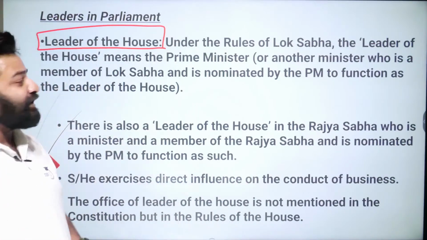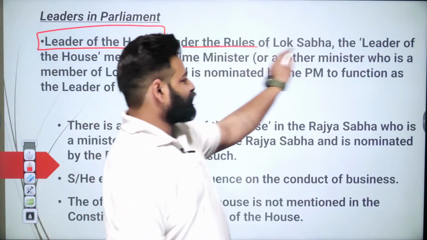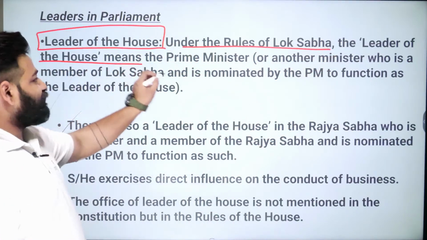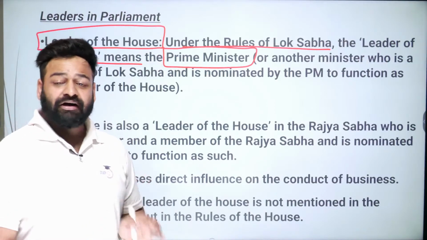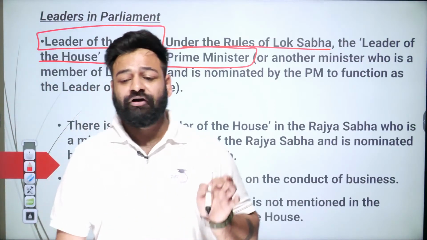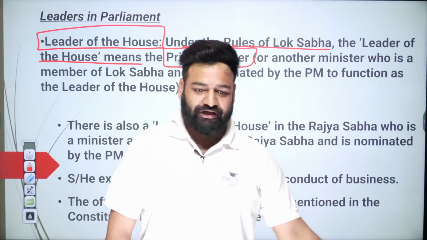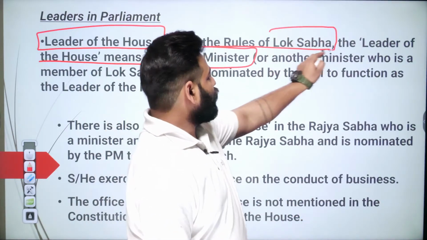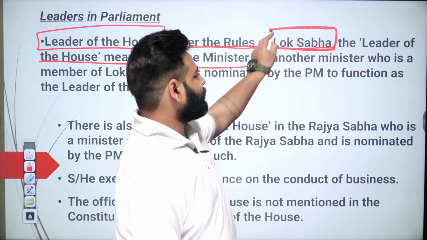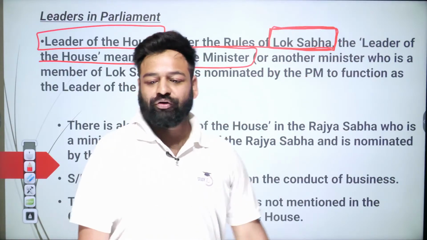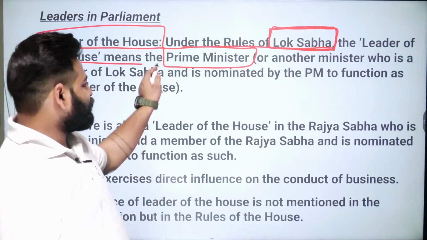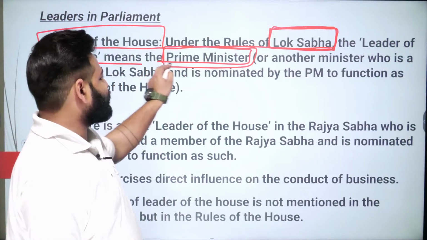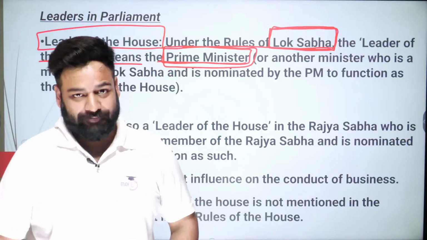Under the definition in the rules of Lok Sabha, the leader of the house means the Prime Minister. Here we are dealing with rules of Lok Sabha only, not Rajya Sabha. Leader of the house means just and just the Prime Minister of India.